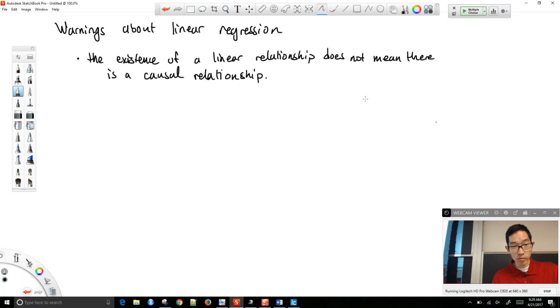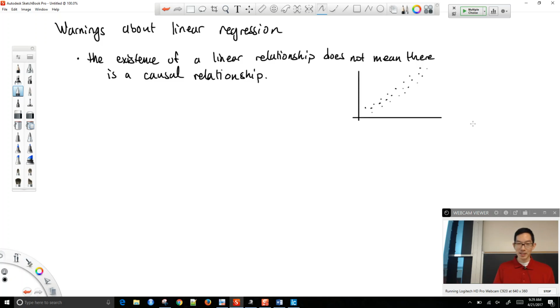I think an article just came out about the consumption of diet soda and risk of stroke. In the study, what they found was people who drank lots of diet drinks tended to have higher rates of stroke than those who did not drink diet drinks.